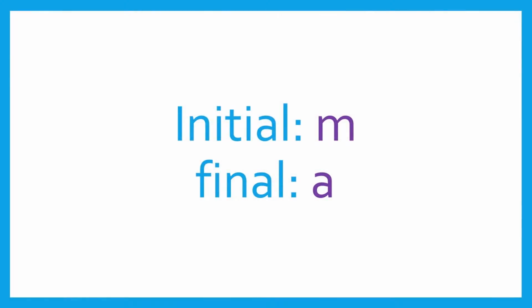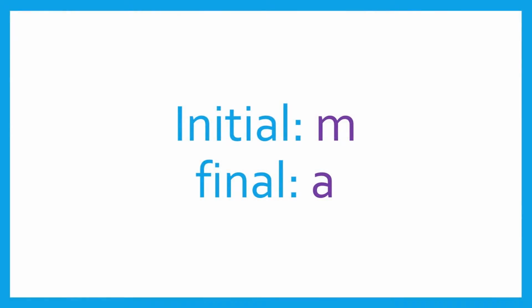Remember I mentioned earlier that we pair our initial with our final? So we're going to pair our initial mo with our final a. The process is you say them continuously and keep on saying that, and it will blend out the sound ma. So let's try this process. Mo, a, and then repeat.